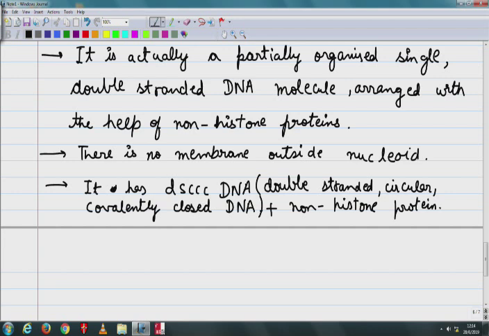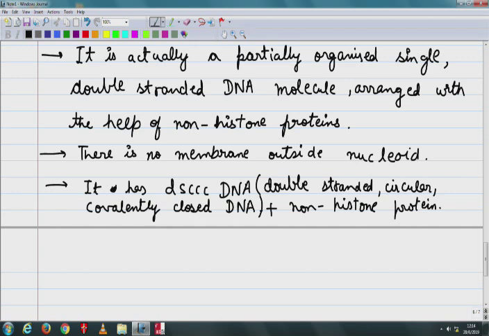Also, there is a thing called plasmid. What enzyme does the mesosome contain? Somebody has asked me that. Actually, cytochromes are contained, but according to the most accurate present information, mesosome does not actually exist. But in NCERT it is written, so it is written.